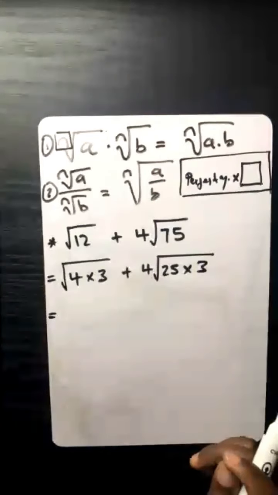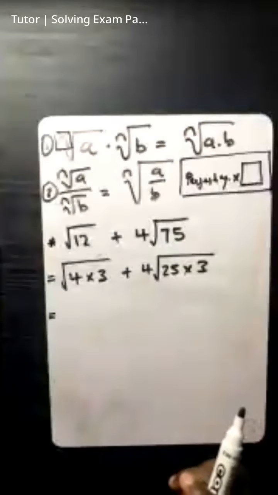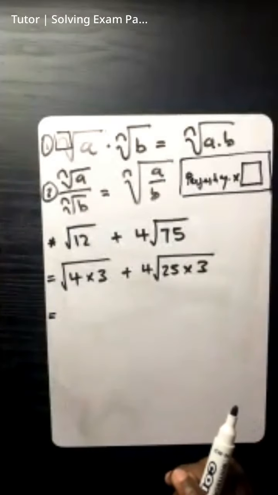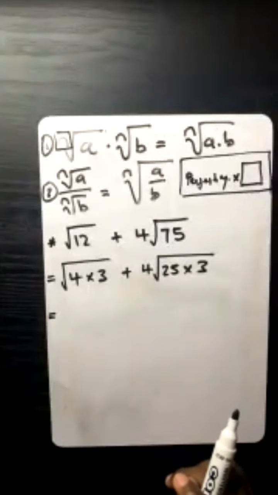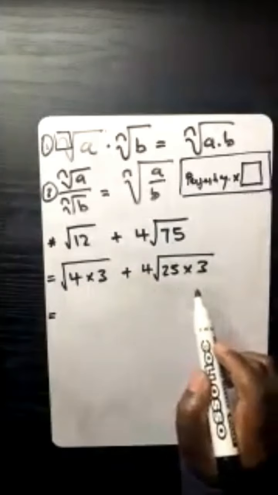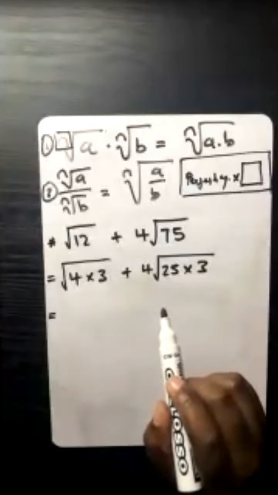Shreyas, are you there? What is n for that first term over there? For the first term, sir, n is the invisible 2. What is the coefficient? 1, sir. So for the second term, what is the coefficient and what is n?